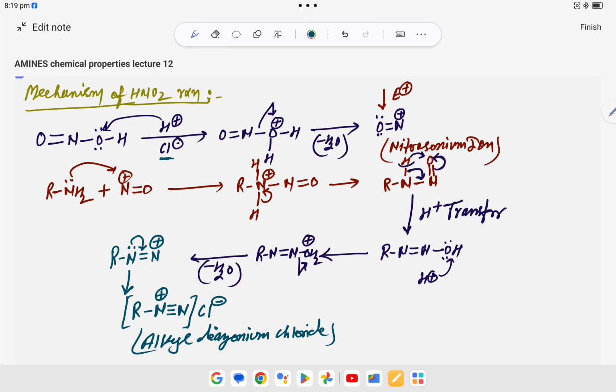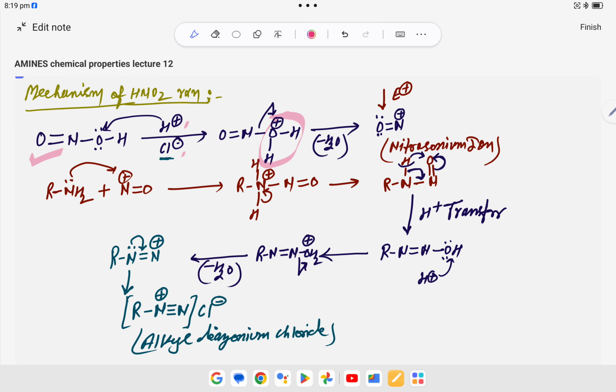Once again, children, I am telling you, here this is your O=N-OH, HNO2 basically, and H plus and Cl minus we have. The lone pair is attacked by the positive charge, then it forms this water species.